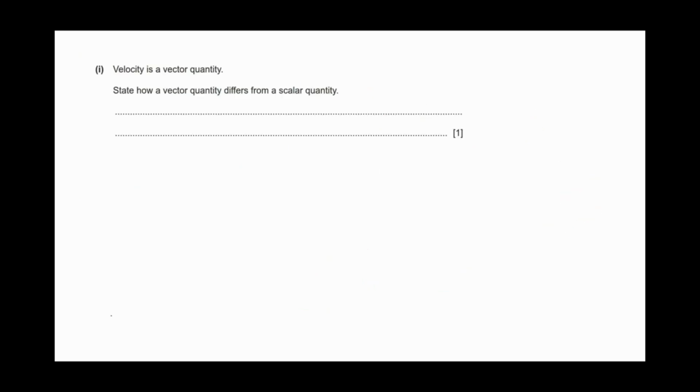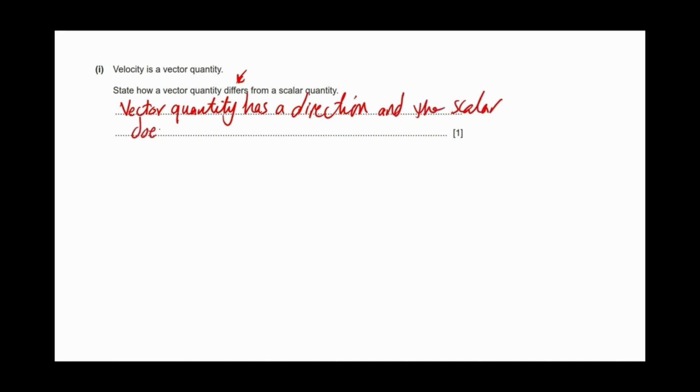Velocity is a vector quantity. State how a vector quantity differs from a scalar quantity. Very easy. Try to answer it. Yes, a vector quantity has a direction, but the scalar does not have.